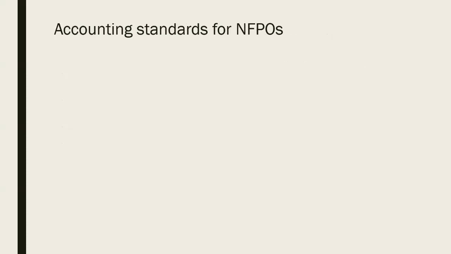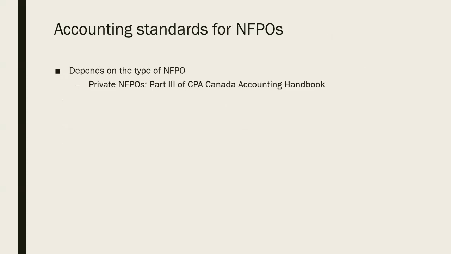Next up, we'll take a look at the accounting standards for not-for-profit organizations. So what accounting standards will apply? It depends on the type of the not-for-profit organization that we are talking about.